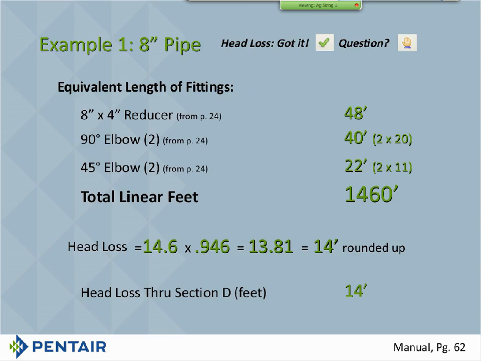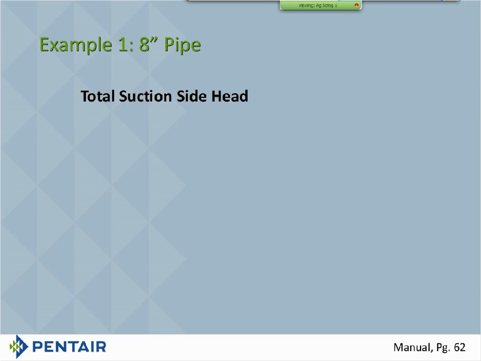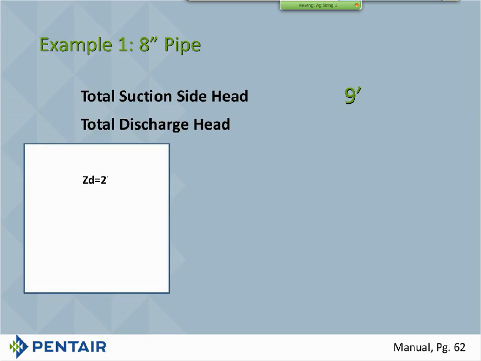So let's take a look at what that's going to do. Our suction side was 9 feet. That didn't change. On our discharge side, we still have that 27 feet of elevation we have to take into consideration. We still have that 162 feet of head for the PSI that we're required to have, which is 70. Section C didn't change.